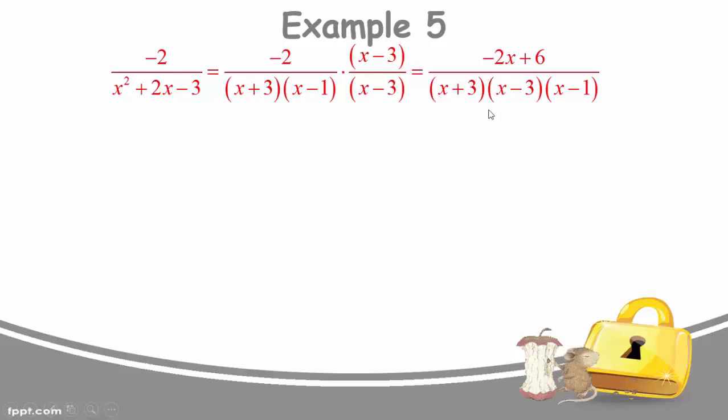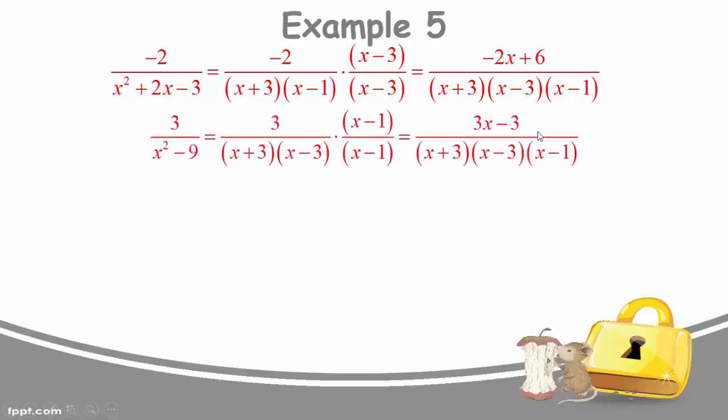Similarly for the next term, what's missing is the x minus 2 from our lowest common denominator. Then, of course, I use my distributive law, and I get 3x minus 3.